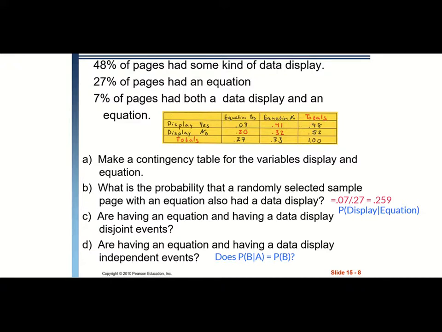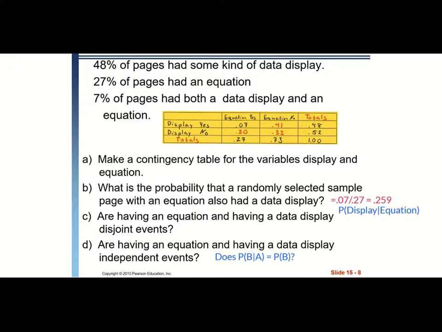Now the question is, if we're given some kind of condition, in this case, we're being told that the page has an equation, is that affecting the probability that it also has a display? And the answer is yes, it is, because once we're told it has an equation, we're restricting our sample space to just the 27% of pages that have equations. And of those 27%, only 7 percent also have a display. That's what we did in part B, which gives us a probability of 0.259.